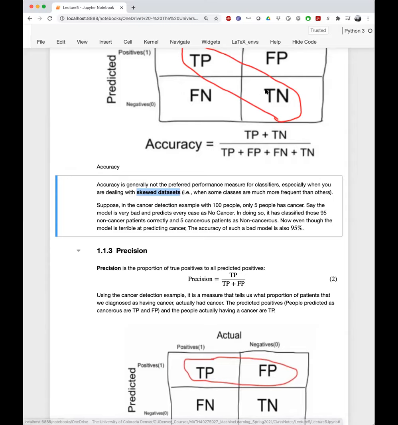So true negative is 95, true positive is 0, and 95 plus 0 divided by all 100 cases is 95%. An accuracy of 95% is pretty good, but actually you're using a really bad model. So the accuracy in this case doesn't mean anything. It's not a good metric to judge if a classifier works well or not.